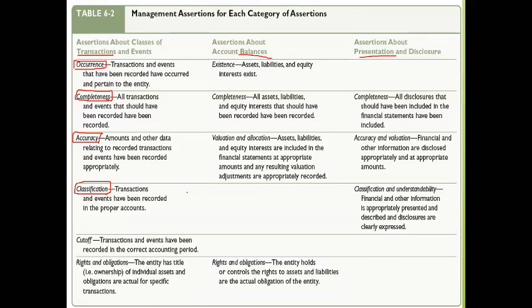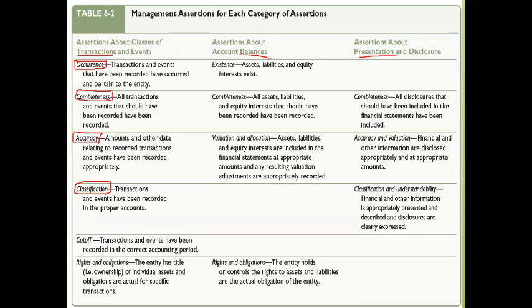For example, in the cash disbursement journal I will include only the transactions that included cash out. For cash receipts I will include all the transactions that included cash receipt. So here I classified the transactions and got all the cash receipt transactions to be recorded. So classification is to make sure the transactions have been recorded in the proper account.